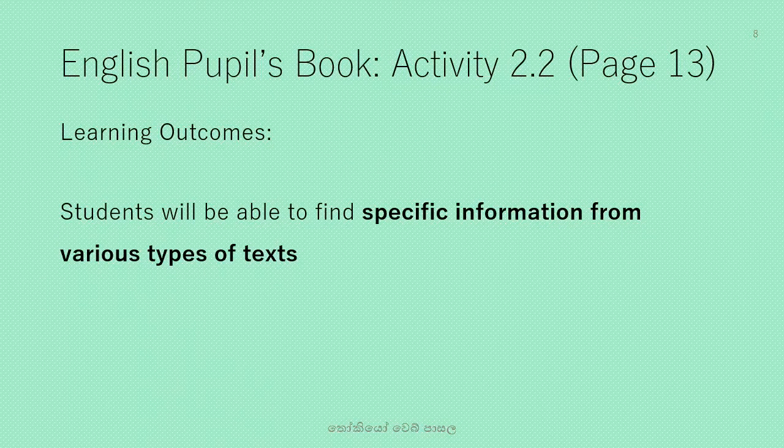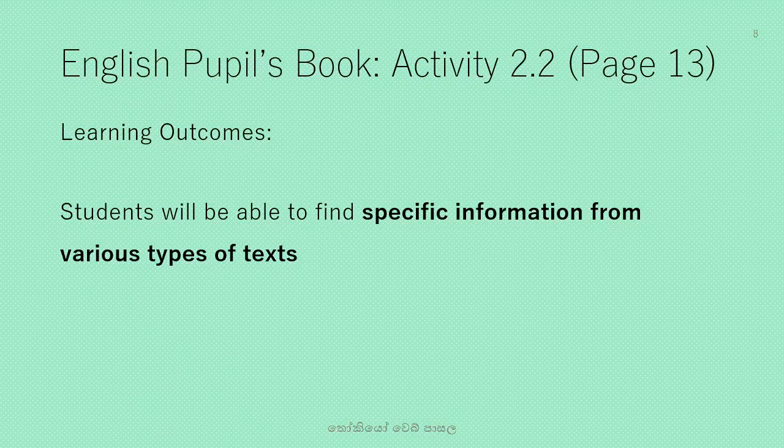Now we will move on to activity 2.2 in your English pupils book, which is the activity after the act out. You can refer to page 13. Before moving on to the activity, let's see what you are going to learn here.